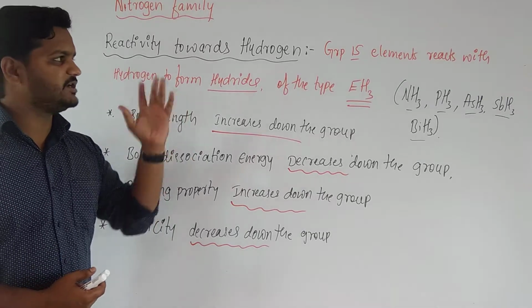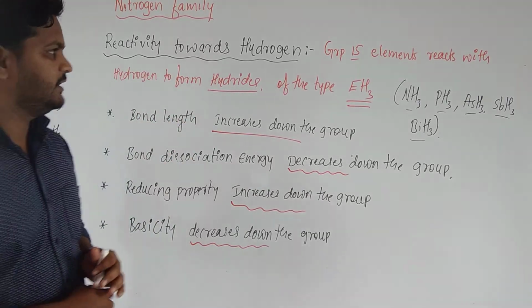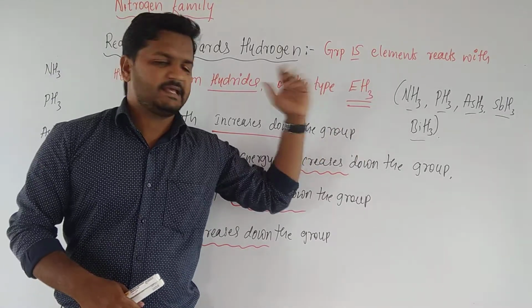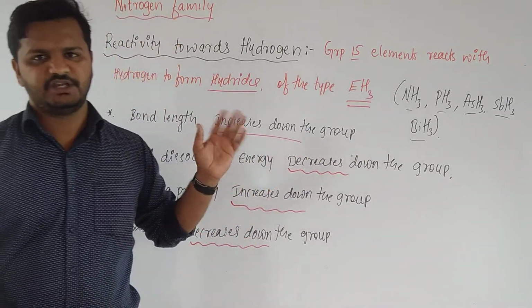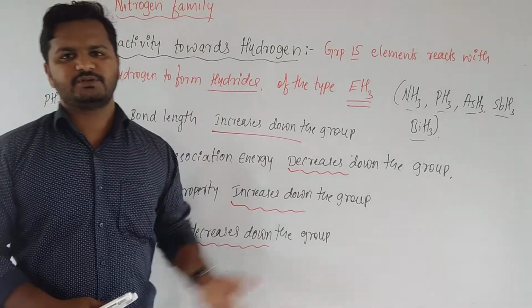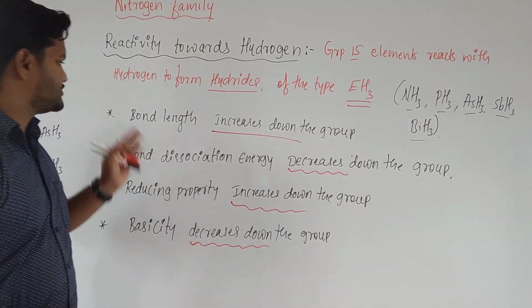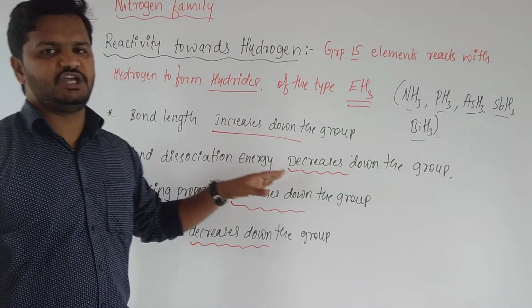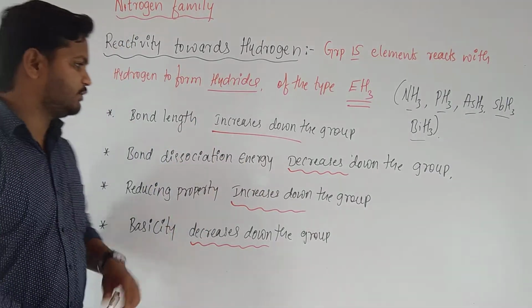When group 15 elements react with hydrogen, they form hydrides of the type EH3. Examples are NH3, PH3, AsH3, SbH3 and BiH3. These hydrides show some important properties. First, bond length increases when you move down the group, and bond dissociation energy decreases down the group.